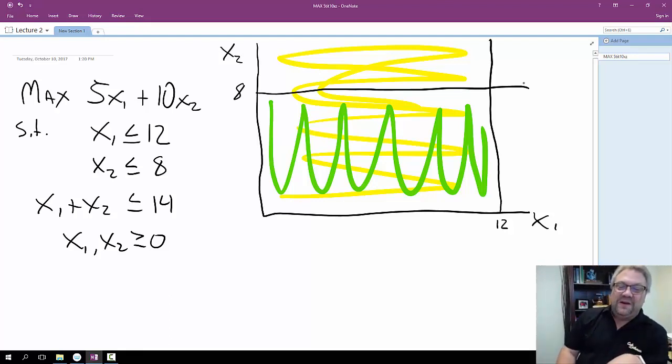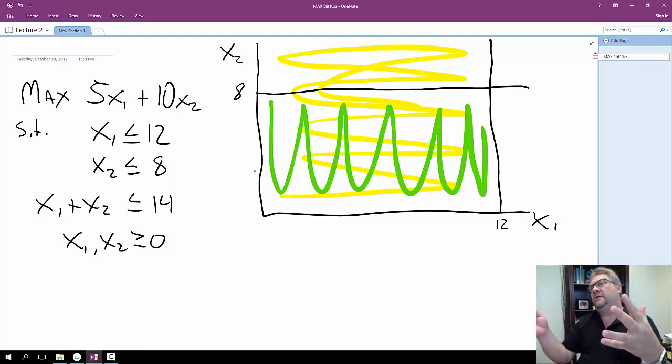Okay. So now what I need to do is draw in this third constraint. What I always recommend to my students is, we always put x2 on the vertical axis. So you always want x2 to equal something. Whatever is on the vertical axis always goes on the left-hand side of your equation.